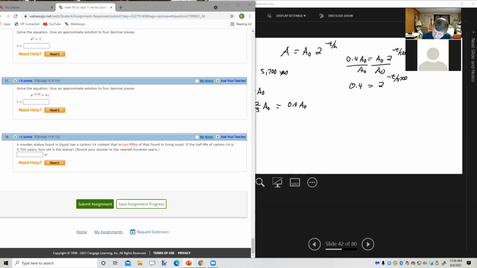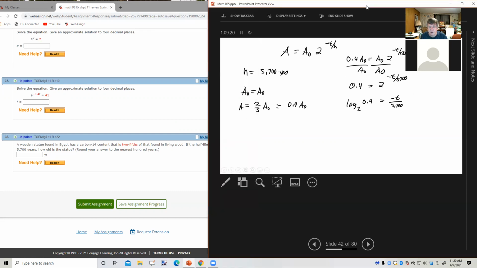We're going to change this into a logarithmic equation. Log base 2 of 0.4 equals negative t over 5,700. I'm going to change the color to red. Now I'm going to multiply both sides by negative 5,700. So the 5,700s cancel out.